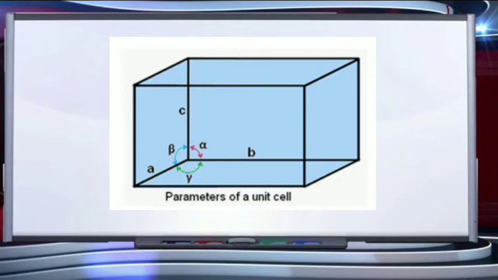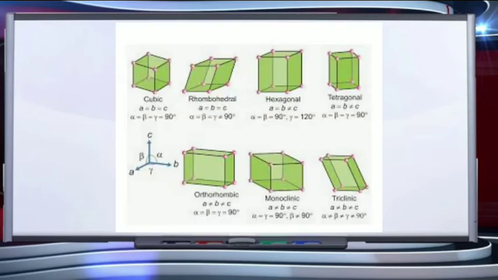Now, for the further study of unit cells, we broadly classify unit cells into 2 categories: primitive and centered. Primitive, where particles are present only on corner positions of a unit cell, whereas centered, where one or more constituent particles are present at positions other than corners in addition to those at corners.